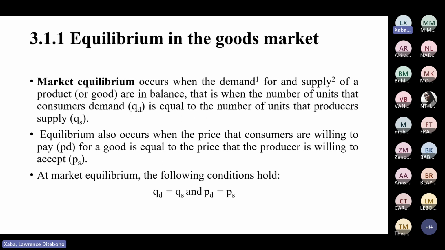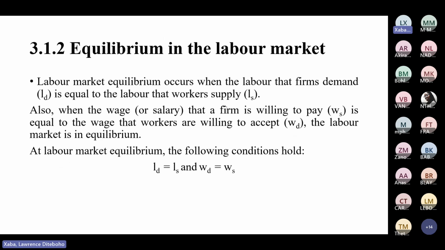If you look at this, it's still the same, because when we're talking about a market, we're talking about demand for and supply of the product. It must be balanced. Also, this side is still the same. We're talking about the balance between the labor firms demand, which equals the labor workers supply. The idea is still the same.